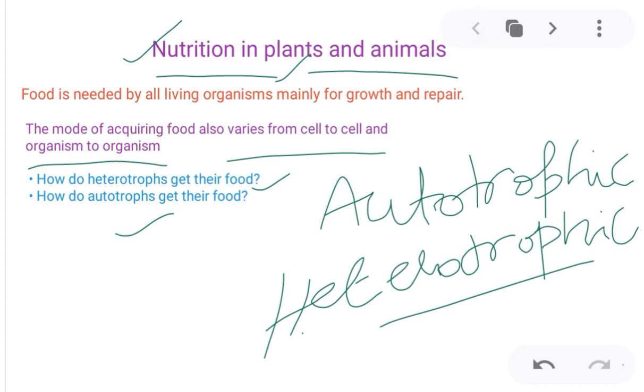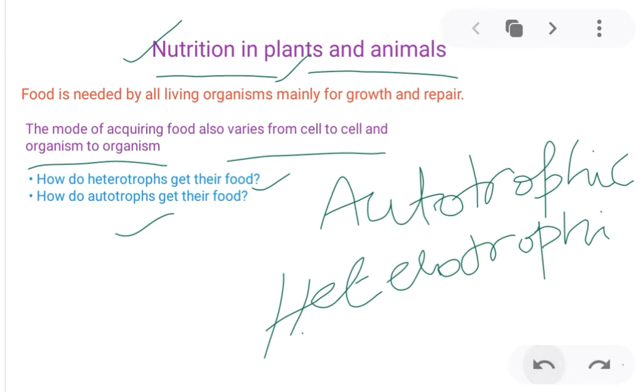Generally, as you studied in your lower classes, everyone can say the answer. Autotrophs can obtain their food by themselves. Heterotrophs can obtain food by depending on others. Detailed nutrition modes in both autotrophs and heterotrophs we will study.